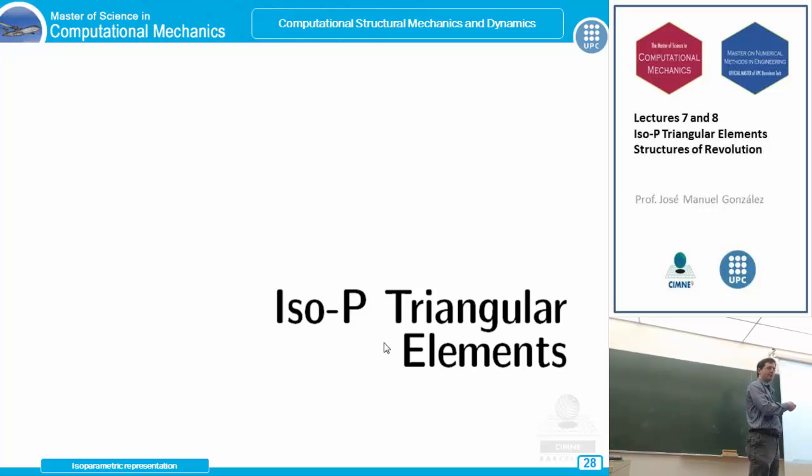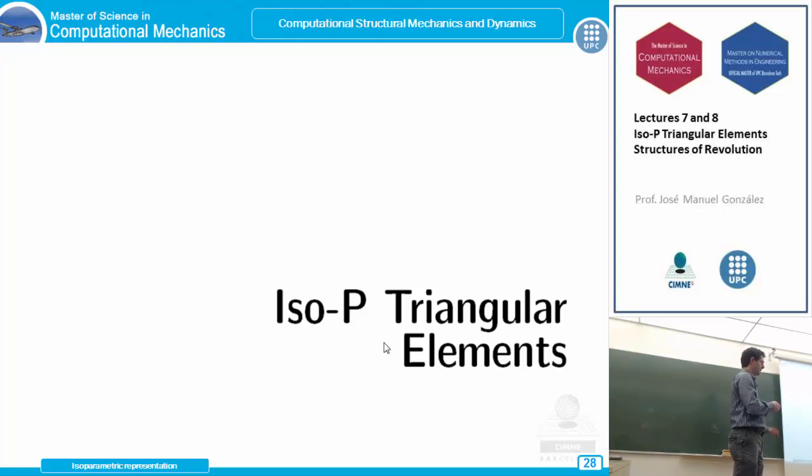Trying to find the shape functions for this completeness condition is difficult, and the integration of the stiffness matrix is difficult as well, because we're going to find very complex expressions. So we have answered these 2 points using this isoparametric representation and the numerical integration of the stiffness matrix.